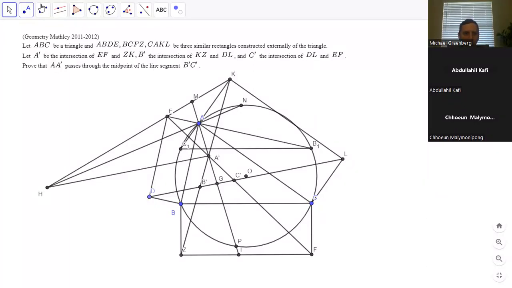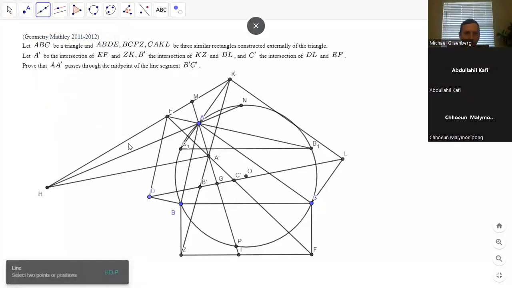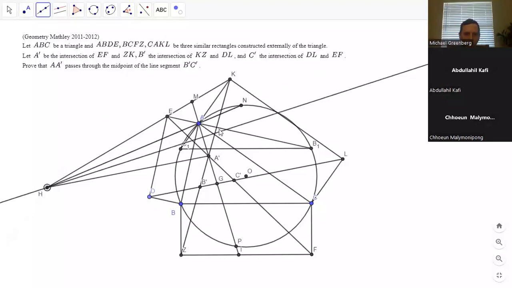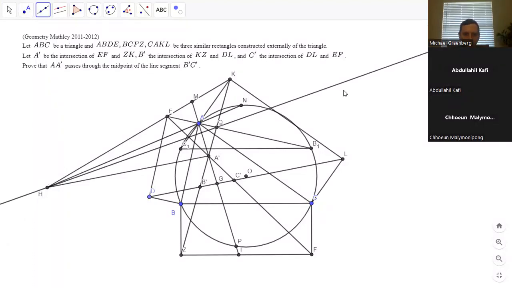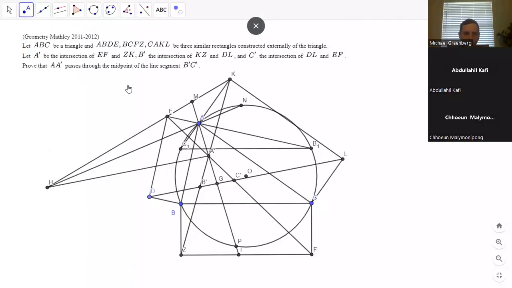I wonder, so we want to show these are harmonic. Maybe there's a way that basically means that these are collinear. Like the problem's equivalent to showing H, Q, and this point, which we'll call R, are collinear. If we can show H, Q, and R collinear, that also solves it.